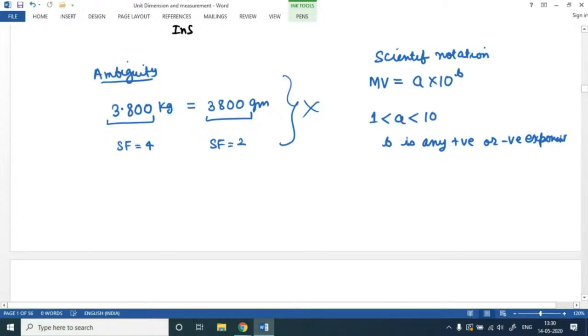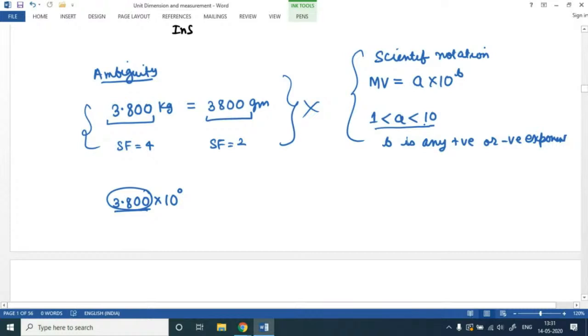So for example, in kg we would write 3.800 into 10 to the power 0. 3.800 is a number less than 10 and greater than 1.